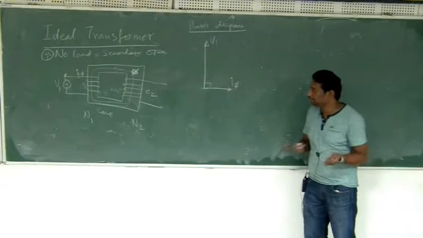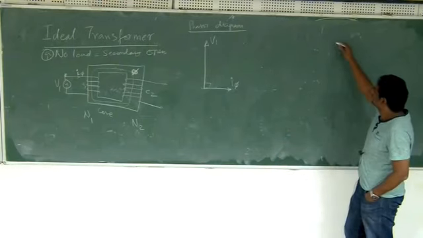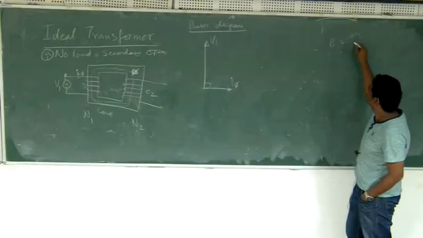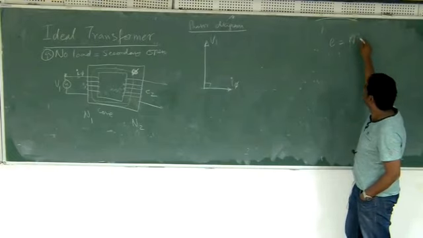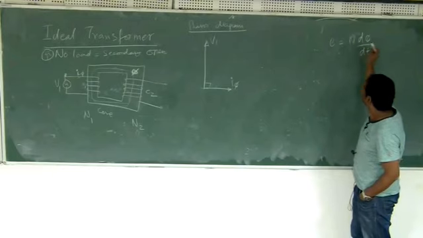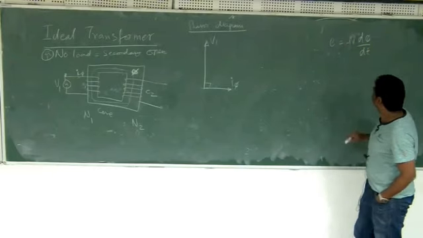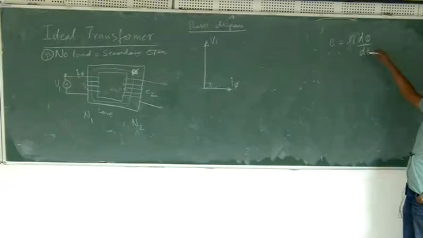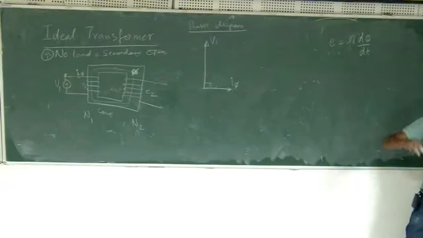So, what is EMF induced? It is N d phi by dt, with a minus sign somewhere. So, rate of change of this thing. Every time you differentiate, you will get 90 degrees back.